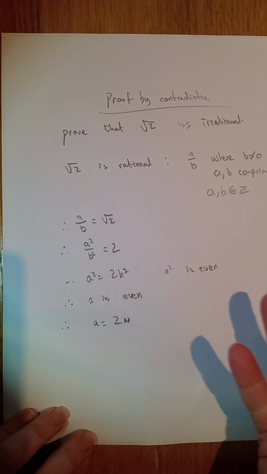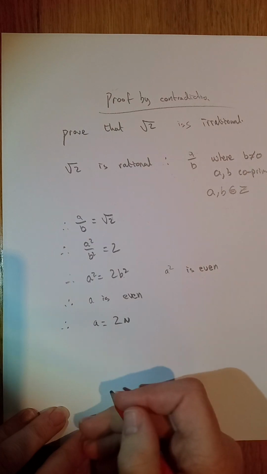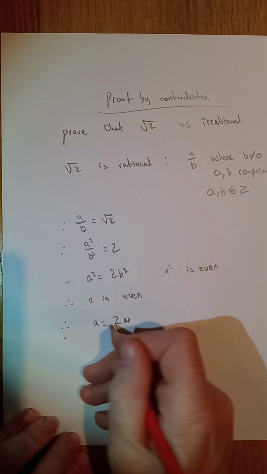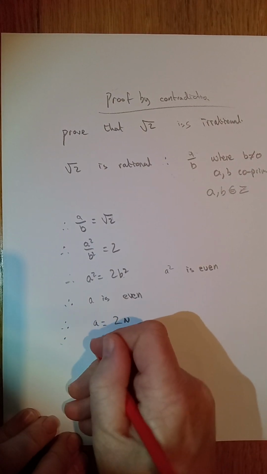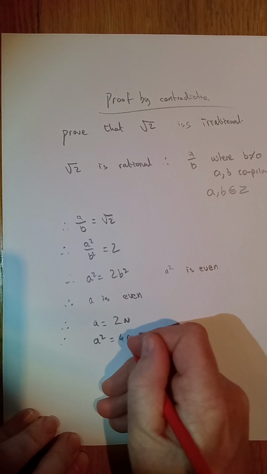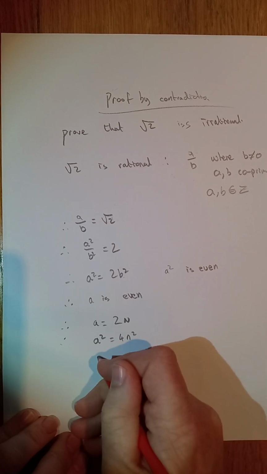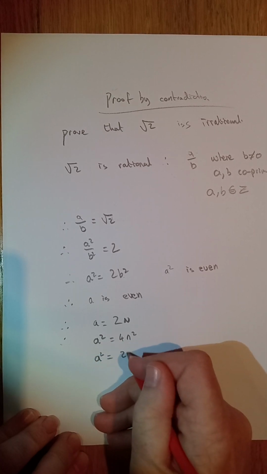So you can always write it as another number. So if a can be 2n, then a squared can be 4n squared. But we already know that a squared is equal to 2b squared.